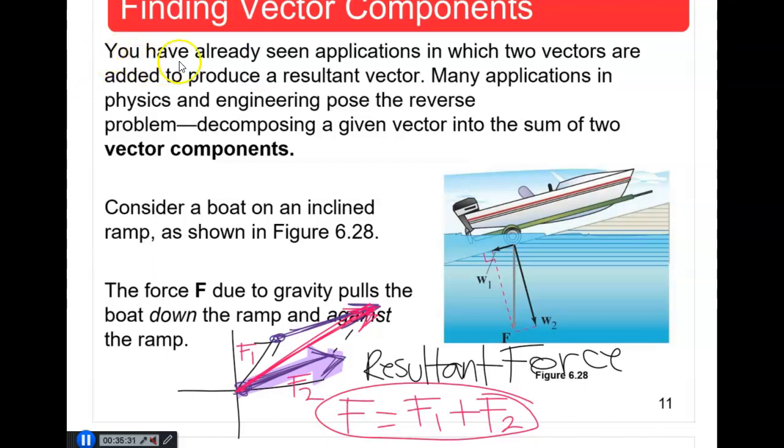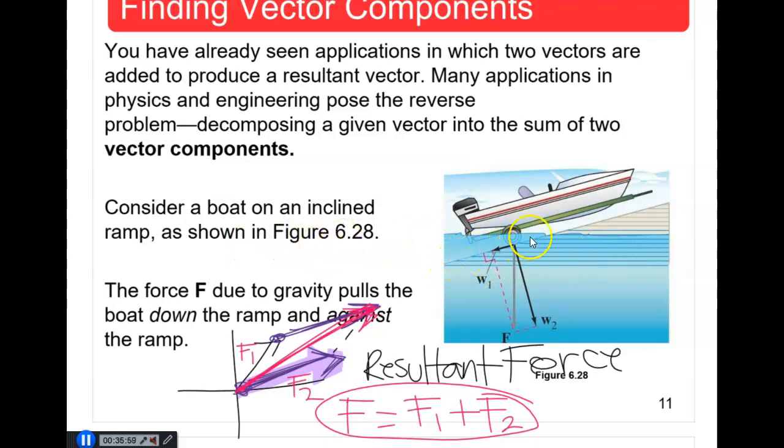Okay, so going back to the slide here, many applications in physics and engineering pose the reverse problem, decomposing a given vector into the sum of two vector components. Consider a boat on an inclined ramp, as you can see in figure 6.28.